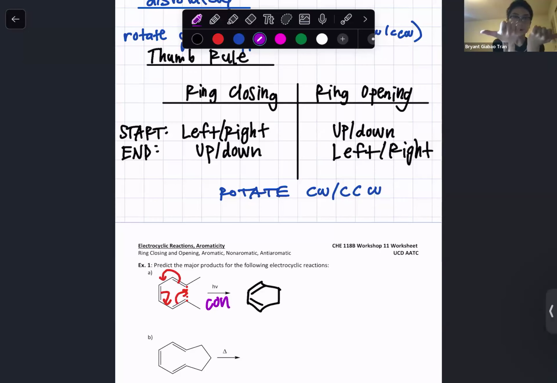If I chose to rotate my right thumb clockwise, that's going to go down like that, right? My left thumb would have to go clockwise as well because they're in the same direction. I'm going to end my thumb where it goes either up or down first. If I rotate my right thumb clockwise, it goes down first. If I rotate my left thumb clockwise, it goes up first. So you notice how they're trans to each other.